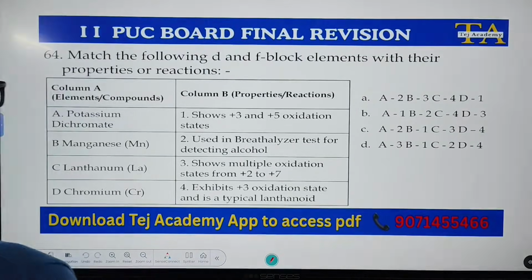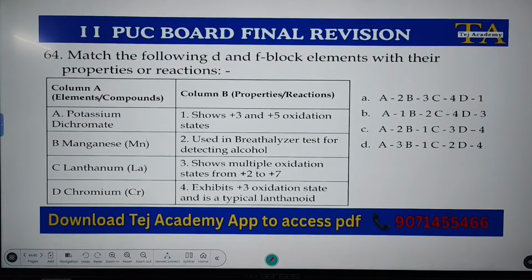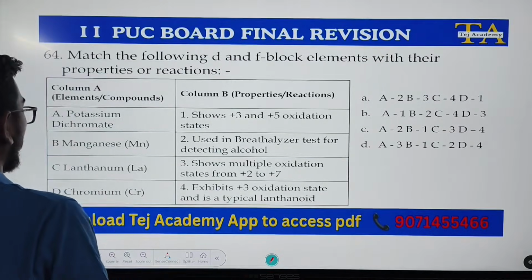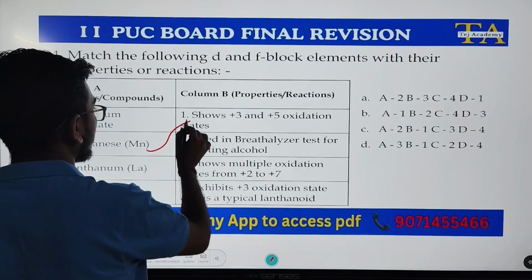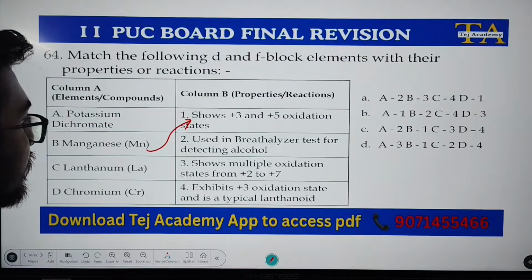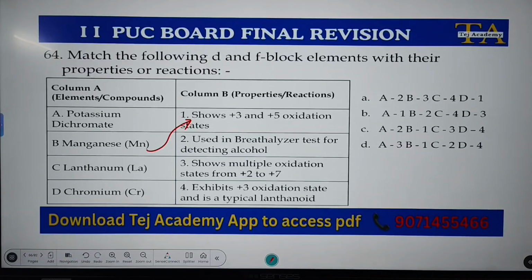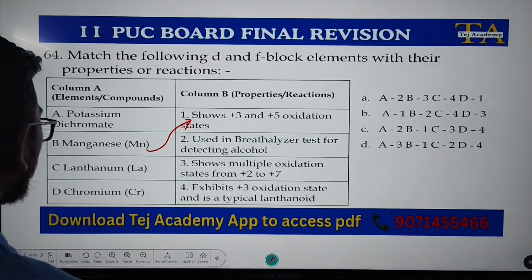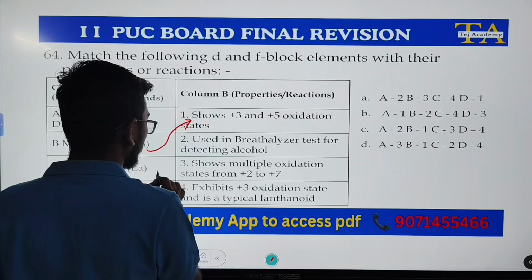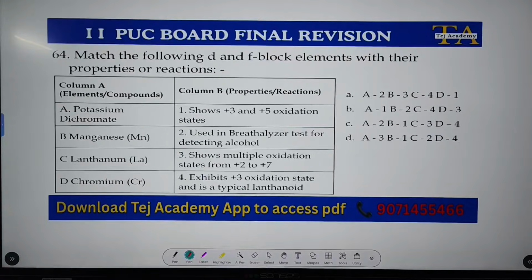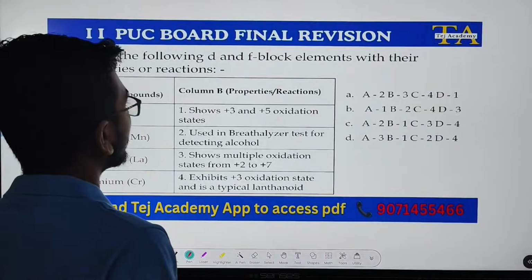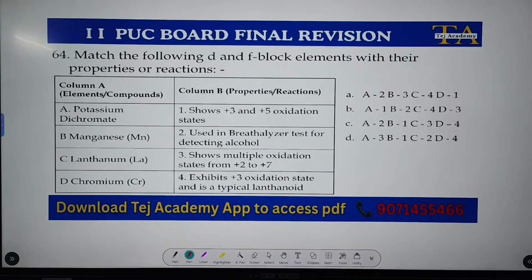64. Match the following D and F block elements with their properties or reactions.